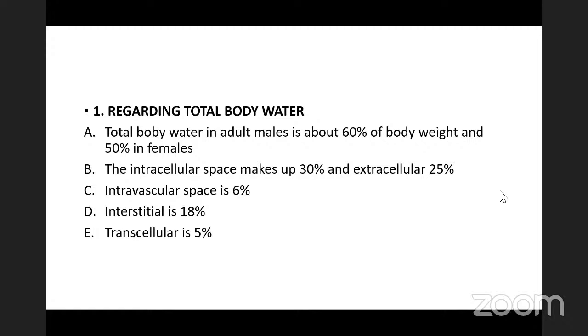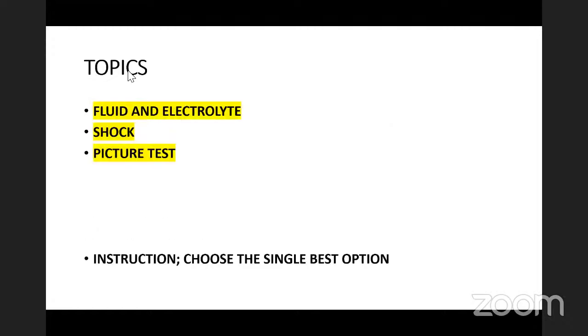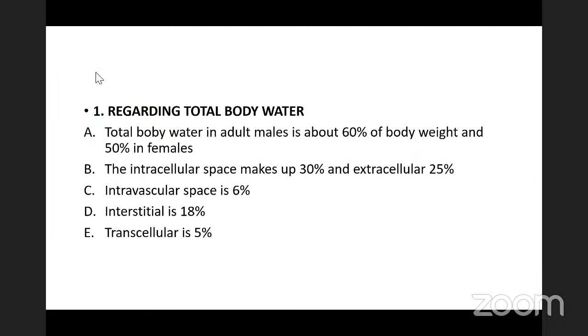So the first question is regarding total body water, okay? Total body water in adult males is about 60% of body weight, and in females, 50%, okay? B says the intracellular space makes up 30% and extracellular 25%, and intravascular space 6%, interstitial 18%, and transcellular 5%.